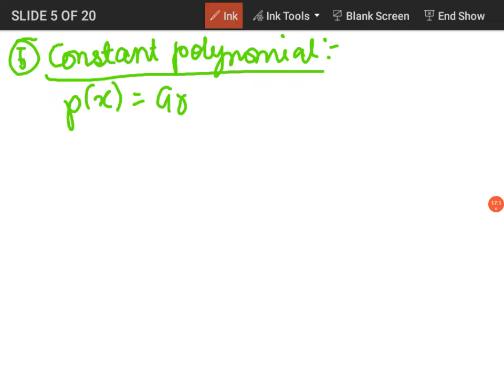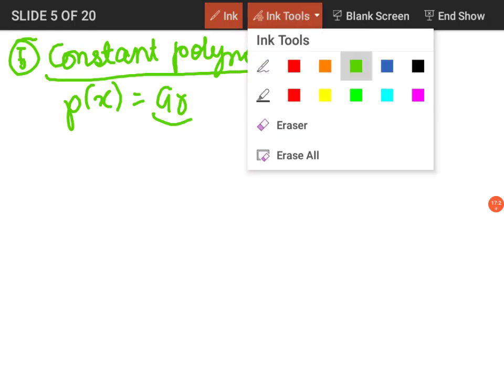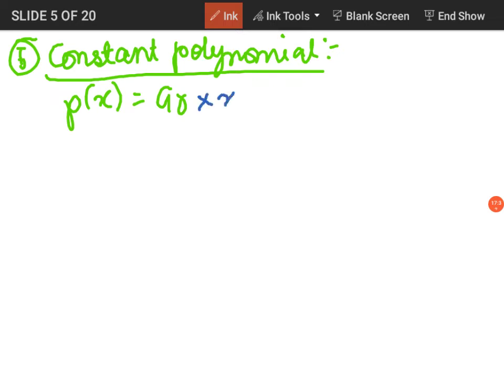So don't think that a naught is 0. A naught can be any number except 0. Now check the conditions. Can we say that the power of x is 0 here, multiplied by x raised to the power 0? This is nothing but a naught only, right?